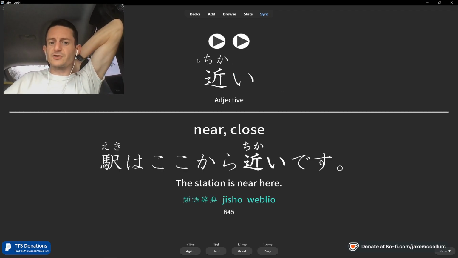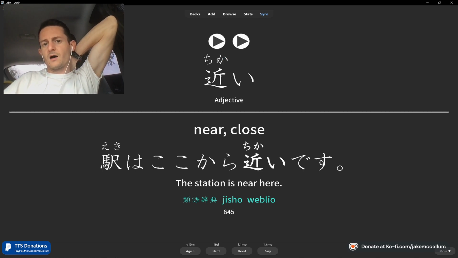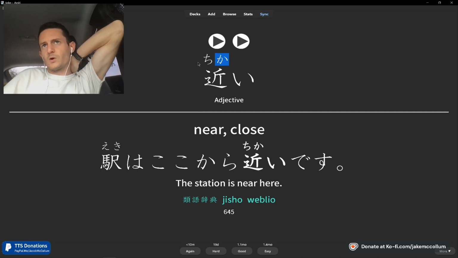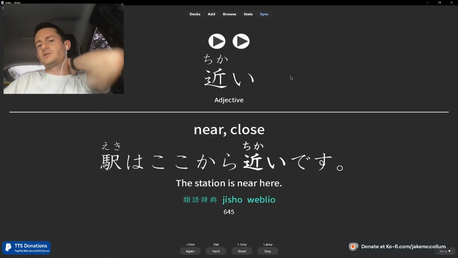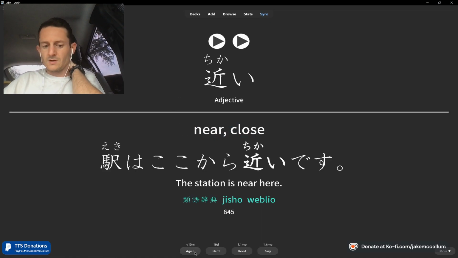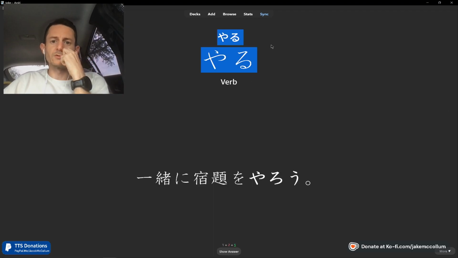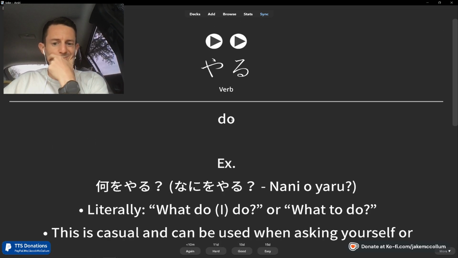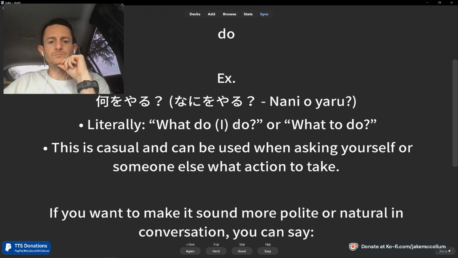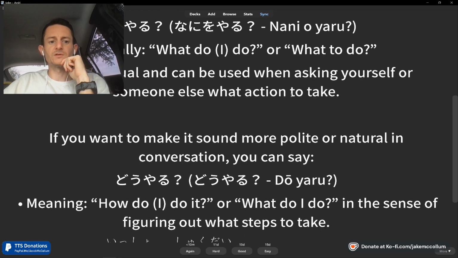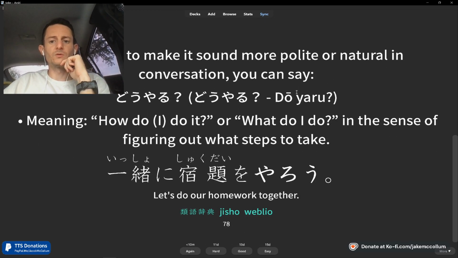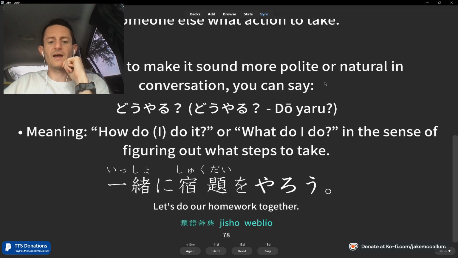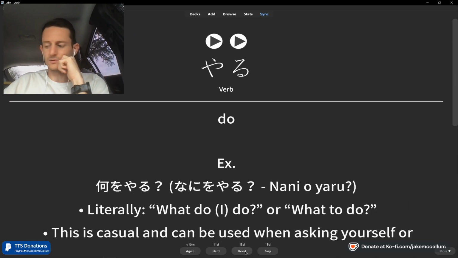It's like chi for chill, ka for cafe. So you are chilling at a cafe that is near or close by. Chikaku, chikai. Okay? Again. Yaru. Yaru means to do. やる。一緒に宿題をやろう。 Nani o yaru? What do I do? Or what to do? Good.